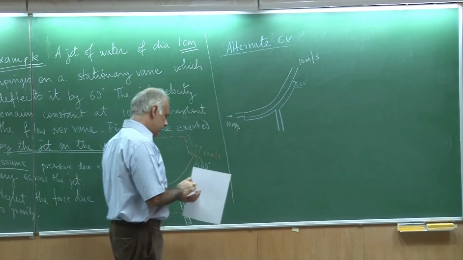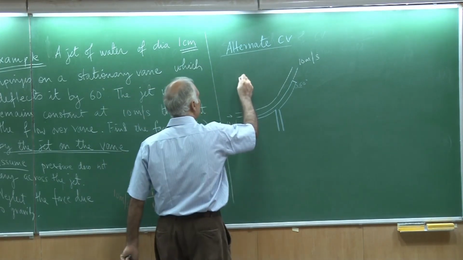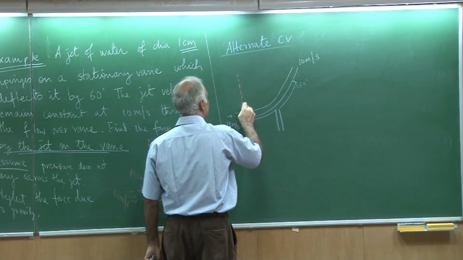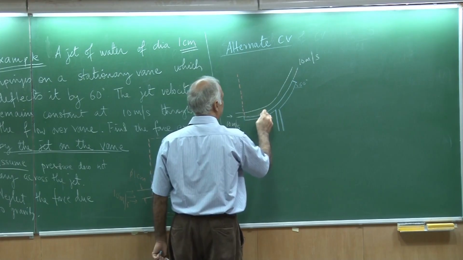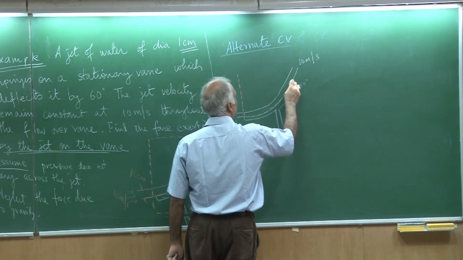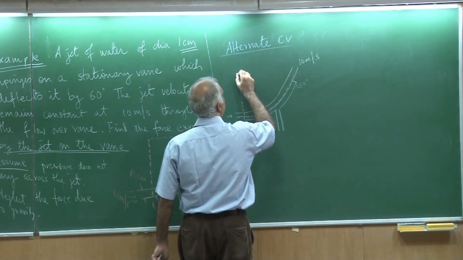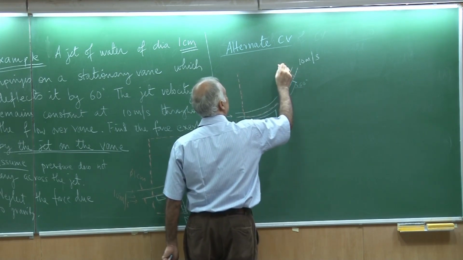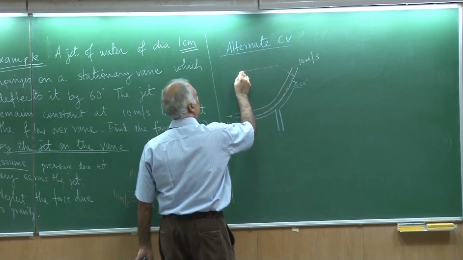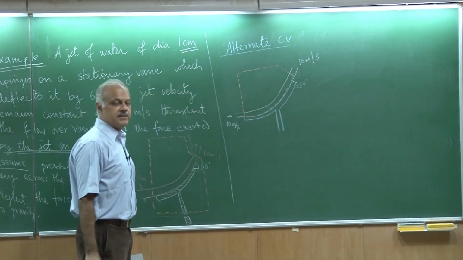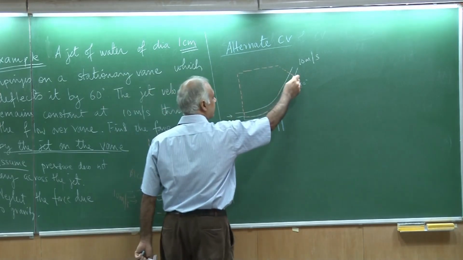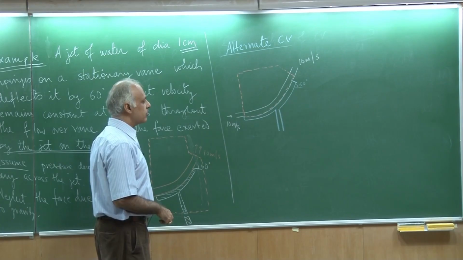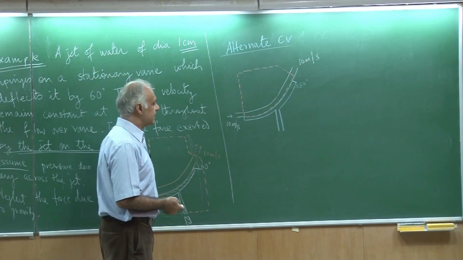And now what I wish to do is use a control volume something like this. Okay. So now I have the interface between the vane and the fluid as one of the control surfaces.